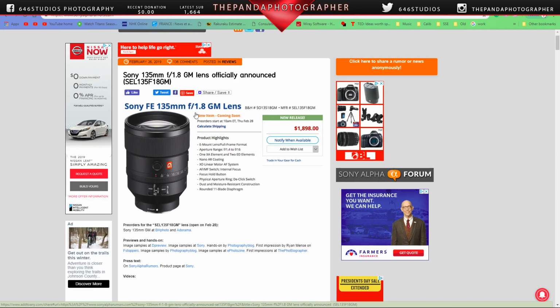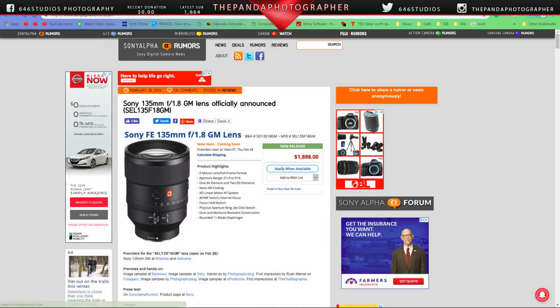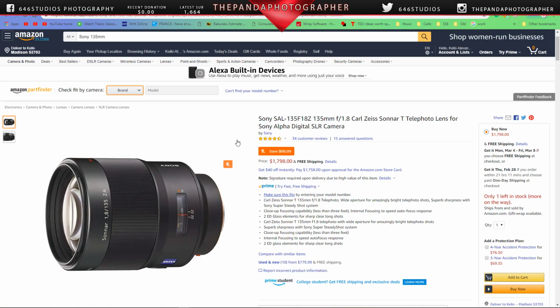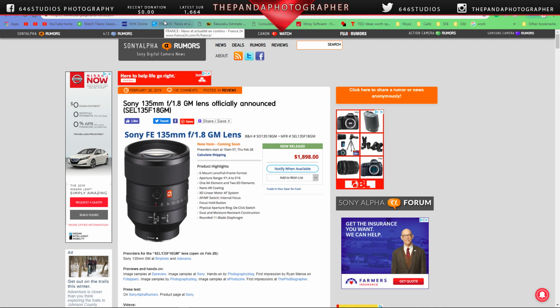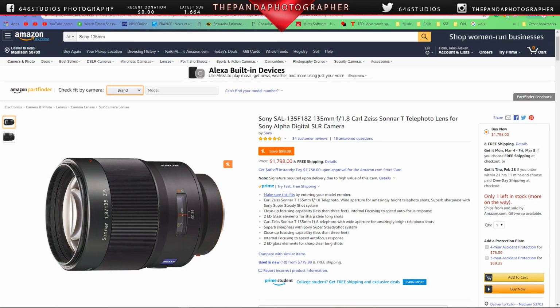But I just want to remind you of something. Check this out. What is that? That's the Sony 135 f1.8 Carl Zeiss telephoto. Doesn't that remind you of what they are releasing now? Even though that's a Zeiss, that's an A mount.